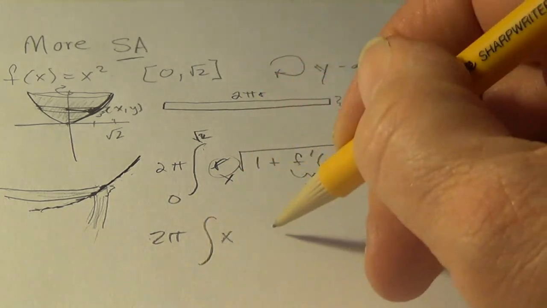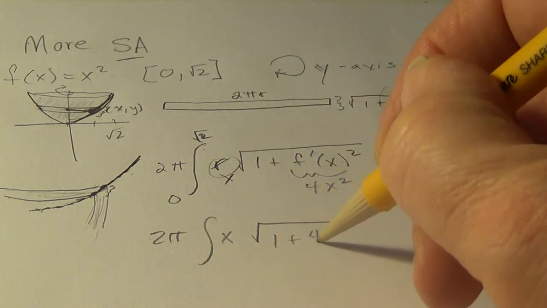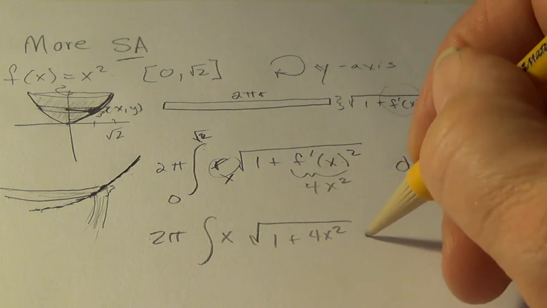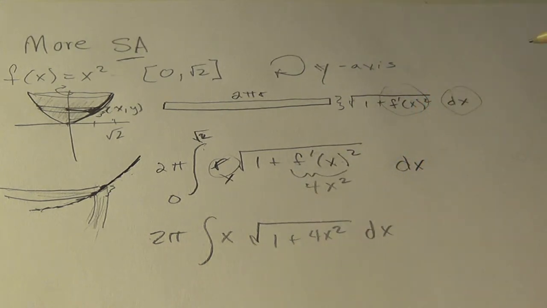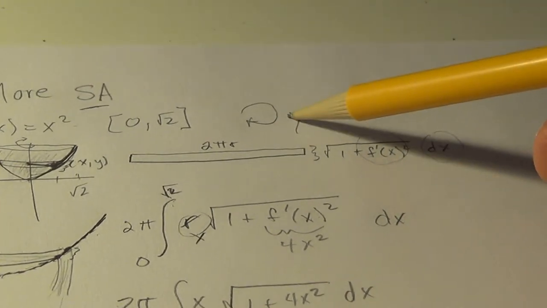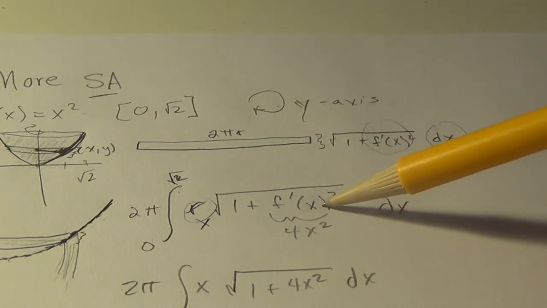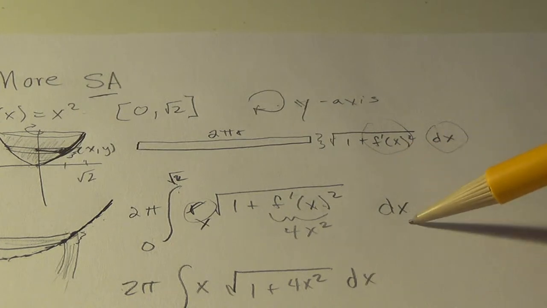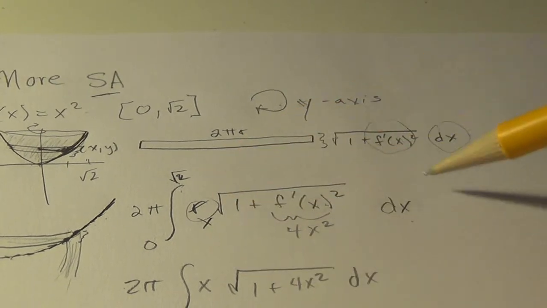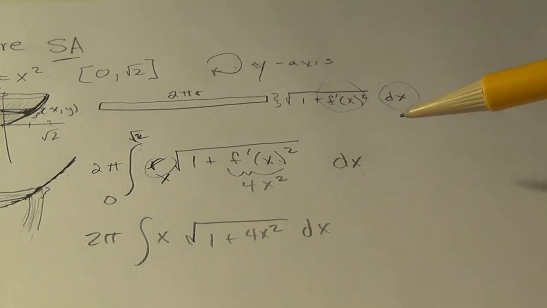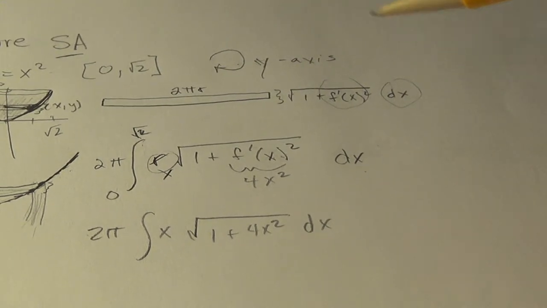So we have 2 pi times x times the square root of 1 plus 4x squared, dx. Once again, let me emphasize, when you wrap these functions around the y-axis, you still take the derivative with respect to x, and the whole integral is with respect to dx. So no matter which way you wrap.